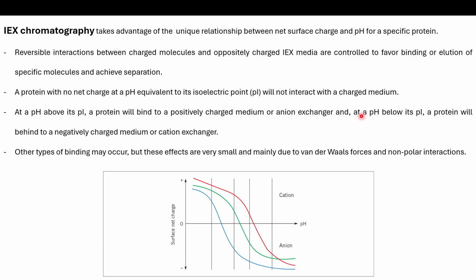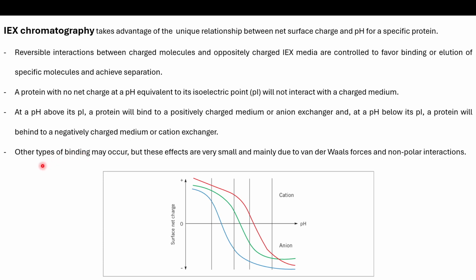And at a pH below its pI, a protein will bind to a negatively charged medium or a cation exchanger, because at a pH below the isoelectric point of a protein, the protein is positively charged, right? So the cationic form of the protein is getting exchanged out of the sample mixture.